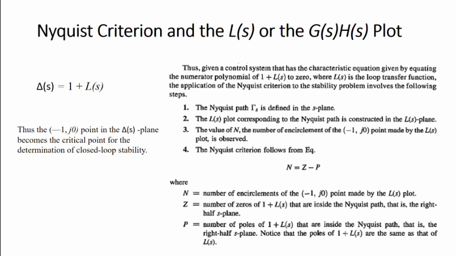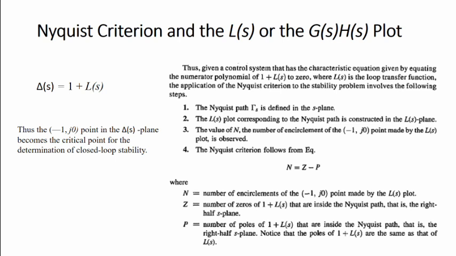Now Nyquist has defined the Nyquist path that we are going to see in the next slide, and thereafter Nyquist has stated his criteria that n is equal to z minus p, where n is the number of encirclements of the -1 j0 point, and z is the number of zeros of 1 plus L S, that is nothing but the zeros of the closed loop transfer function lying inside the Nyquist path.